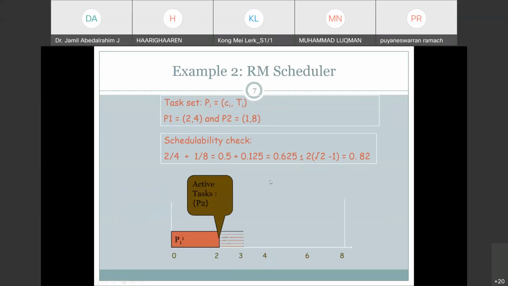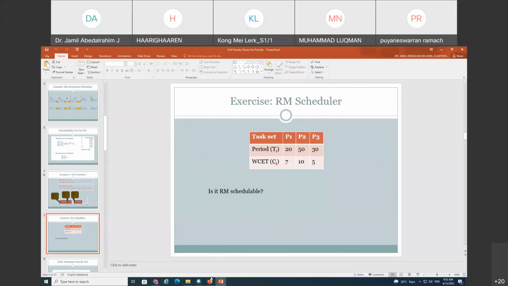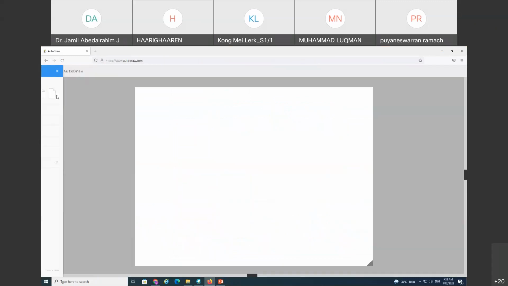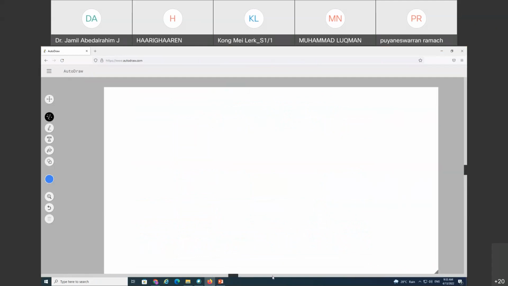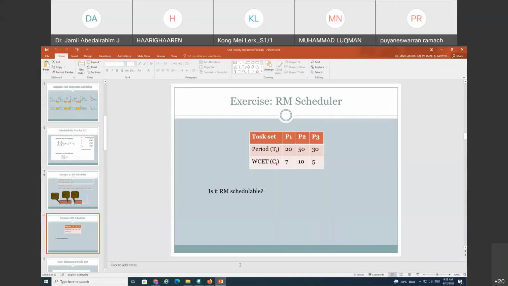Let's check the second example. Let's see how to find it.